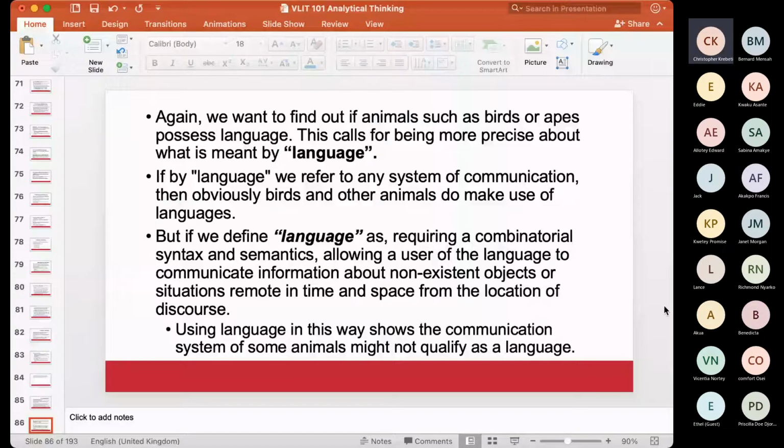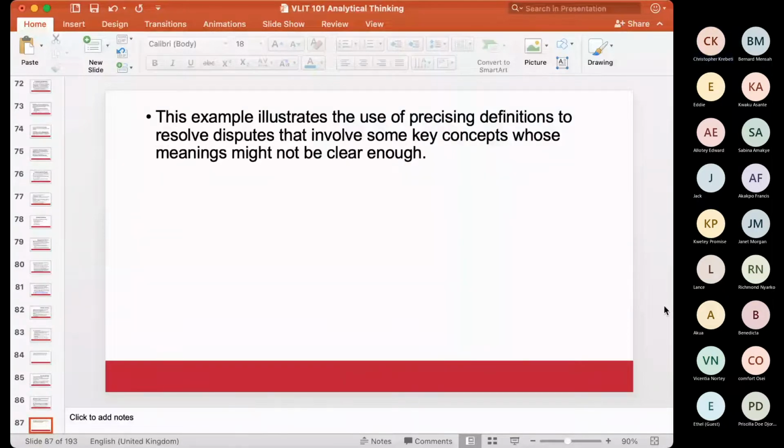So probably some animals will, but not all. This example illustrates the use of precising definitions to resolve dispute.